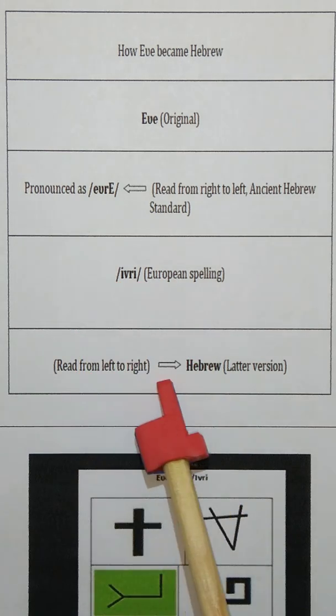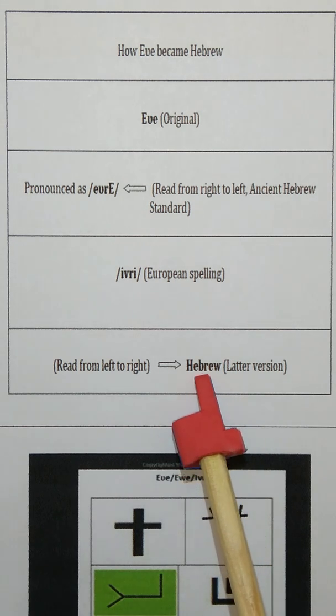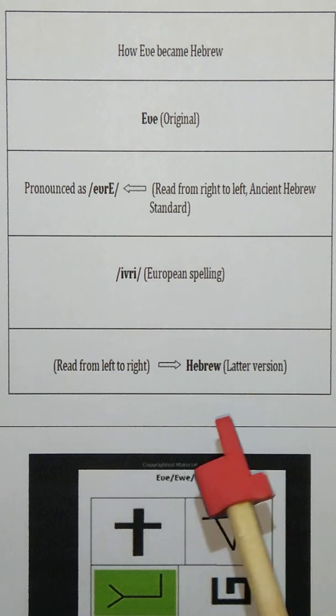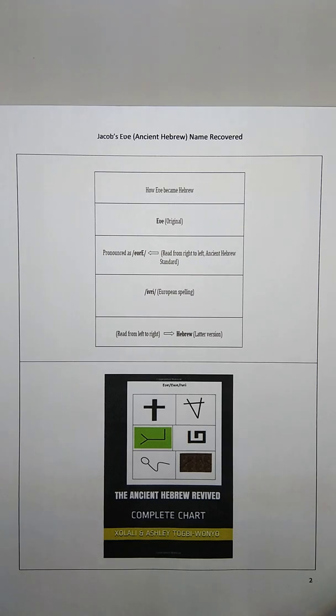Okay, and Ibri became Hebrew, which is the latter version of Eve as we now have it. So this is the ancient Hebrew revived complete chart booklet or book, which we have been using to detail these revelations to you.